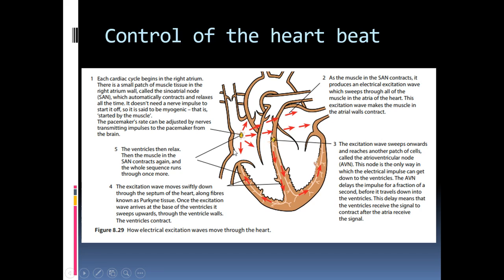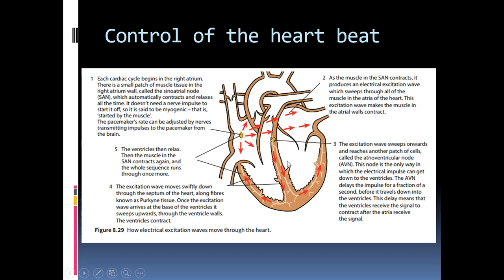So the cardiac cycle starts off with the contraction of the SAN. Whenever the SAN contracts, okay, what happens is that it will send out a wave of electrical impulse, and this wave of electrical impulse will spread throughout the atria.